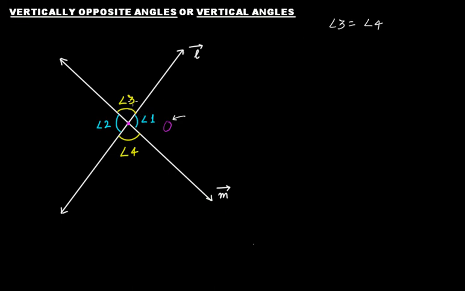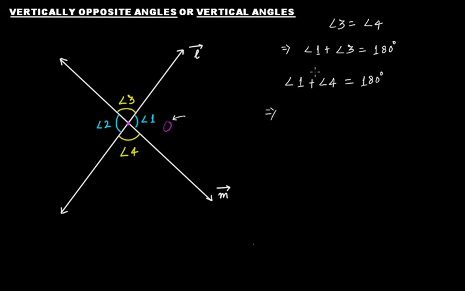They are forming a linear pair. Therefore, angle 1 plus angle 3 will be equal to 180 degrees. And again, focus on this side, angle 1 and angle 4. This one is also forming a linear pair. So angle 1 plus angle 4 is equal to 180 degrees.